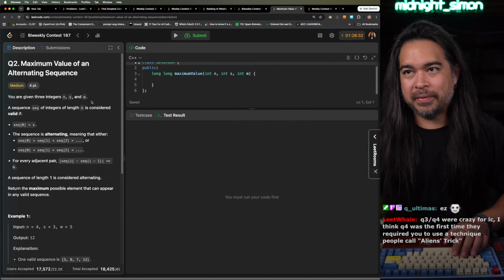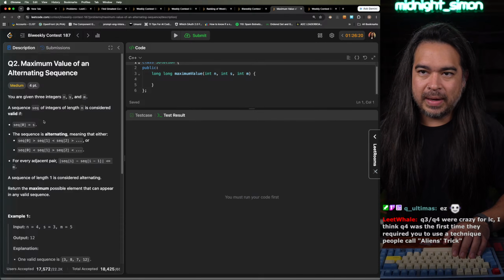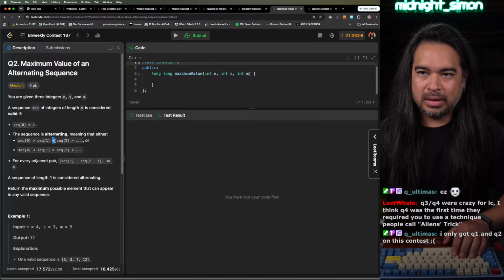Q2, maximum value of an alternating sequence. You're given 3 integers, n, s, and m. A sequence of integers of length n is considered valid if first position is s, the sequence is alternating, meaning that either sequence 0 greater than sequence 1, less than sequence 2, greater, blah blah blah.